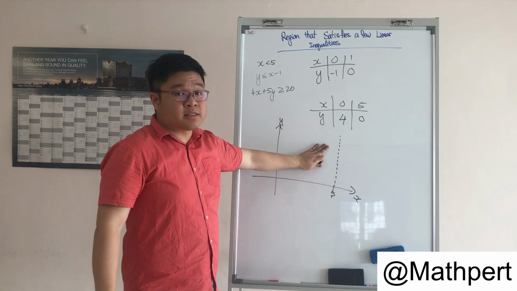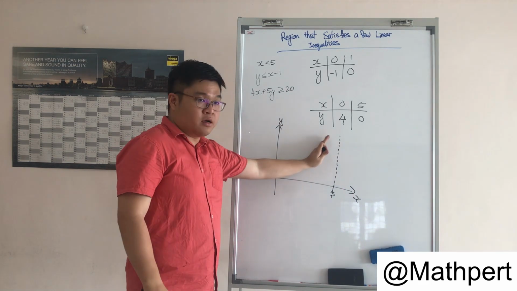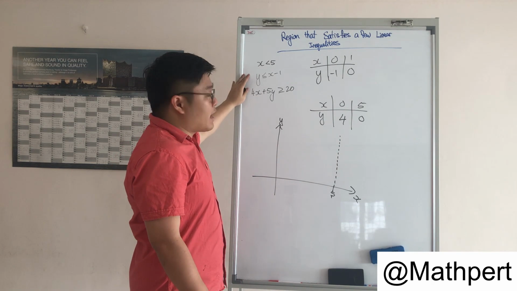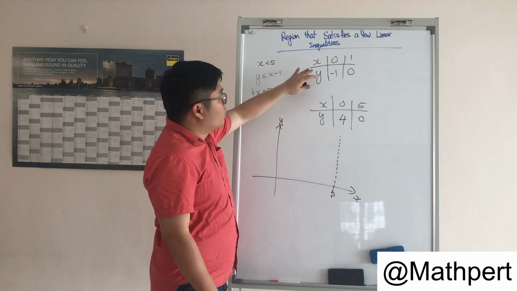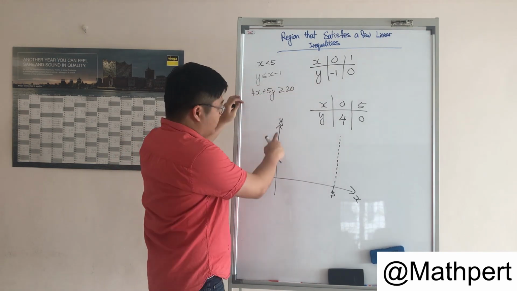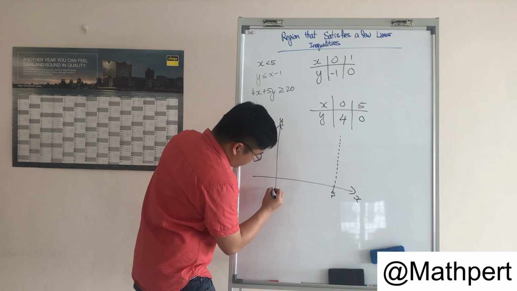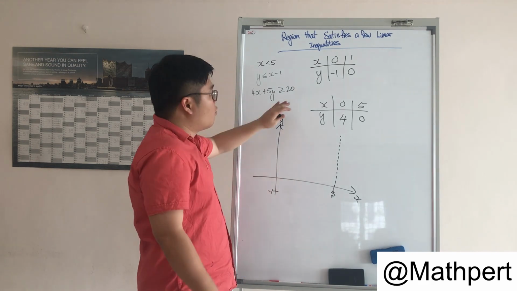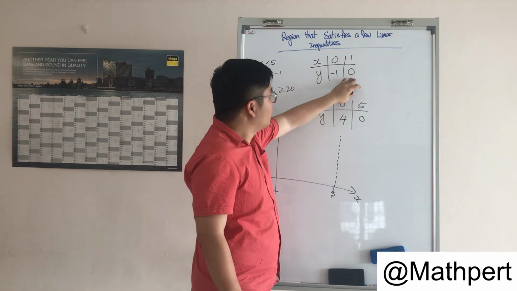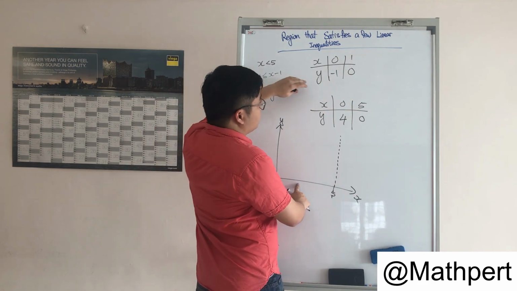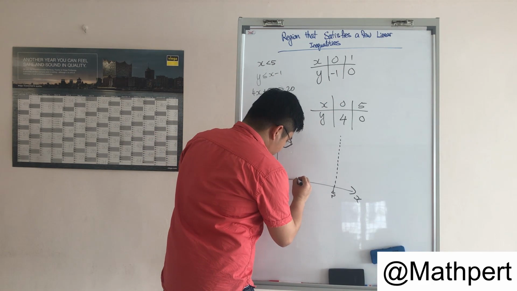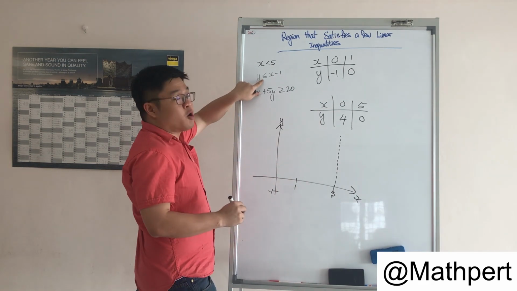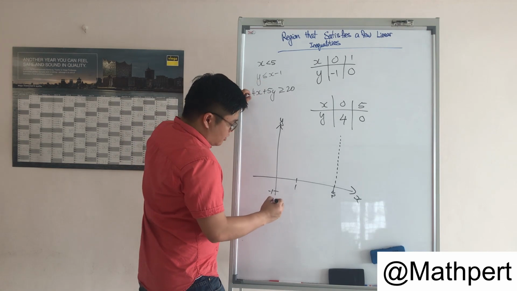It's over here, the left hand side of the graph. Second inequality: when x equals 0 on the y-axis, y equals negative 1. When y equals 0, on the x-axis, x equals 1. This is smaller than or equal to, so it's a solid line.